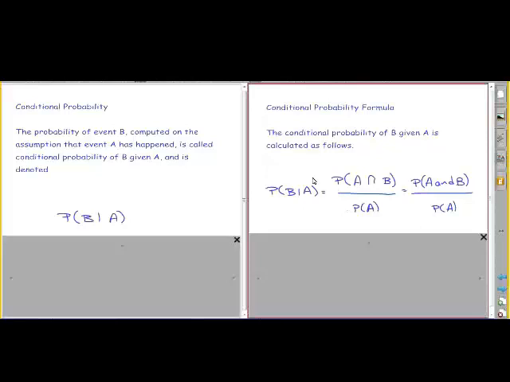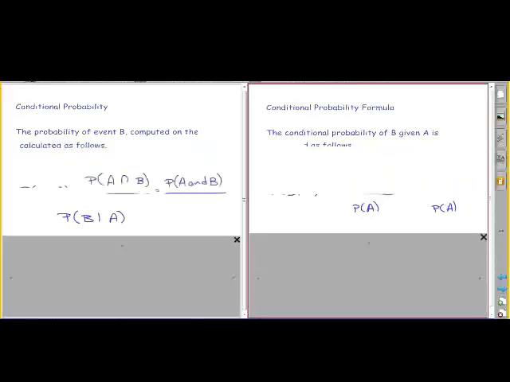Now we actually don't use this definition that much. We rearrange the terms, because what we're typically wanting to figure out is the probability of A and B happening, given that we know or can determine the other quantities.